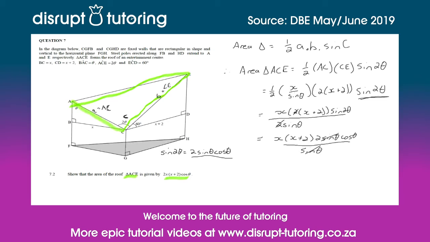So those cancel out, and then we're left with 2x times x plus 2 times cos of theta, which is exactly what they were asking for us to show.